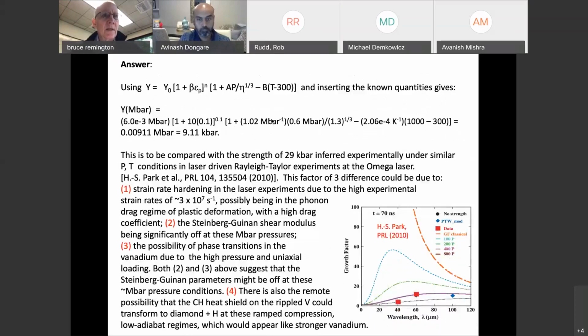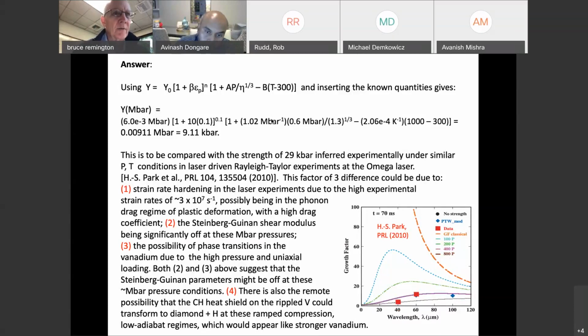So inserting the quantities that we know into this equation, there's a long equation there where I give Y in megabars, giving the ambient strength of 6 times 10 to the minus 3 megabar, and so on. I won't read through all these values, but they're given in the equation and what was sent around.